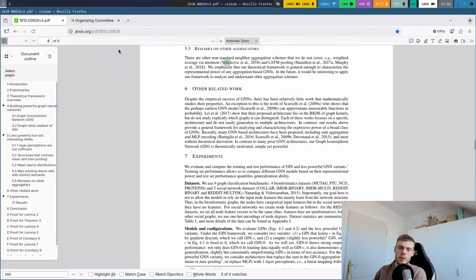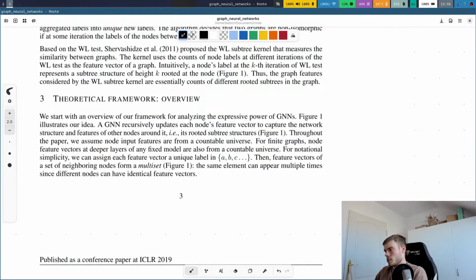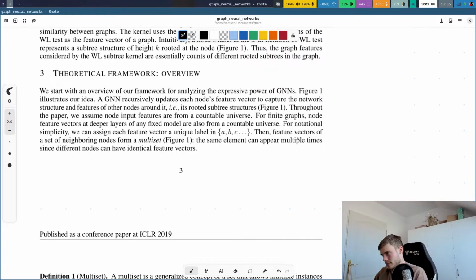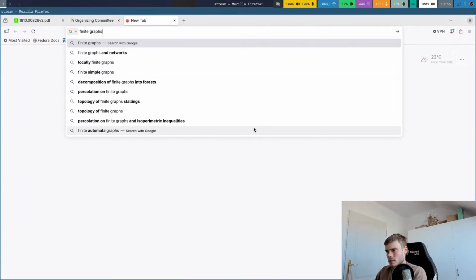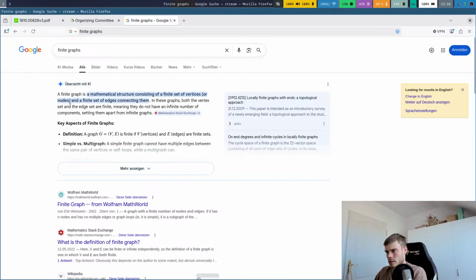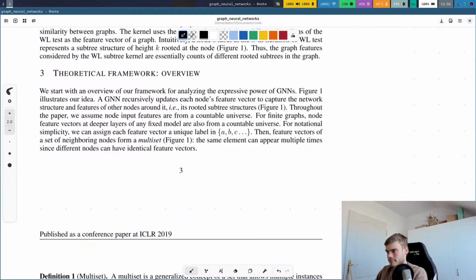Okay, I have no idea why they say it's from a countable universe, but okay. So finite graphs, a finite set of vertices, okay. Makes sense.